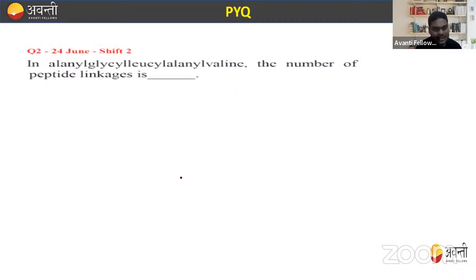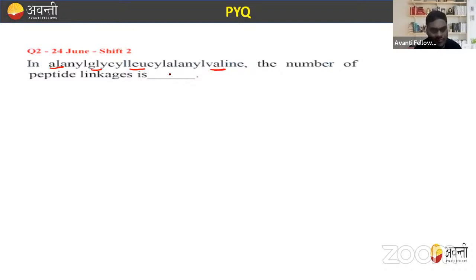So let us count the amino acids: the first is alanine, next is glycine 2, leucine 3, alanine 4, and this is valine, which is 5.